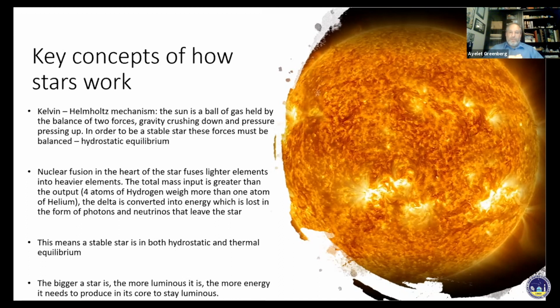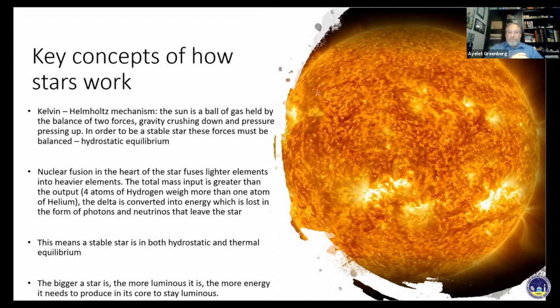And the last concept that is important to understand is that the bigger a star is, it has more surface area. If it has more surface area, it's a bigger ball, it will shine away more light. So if it's shining away more light, which is the equivalent of saying it's losing more energy, it needs to generate more energy in the core. So the bigger the star is, the more luminosity it has, the more need it has to generate more energy in the core of the star.